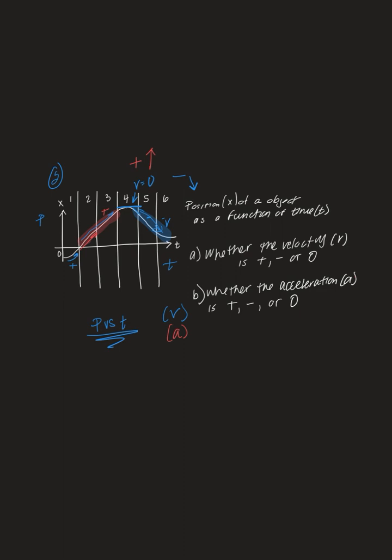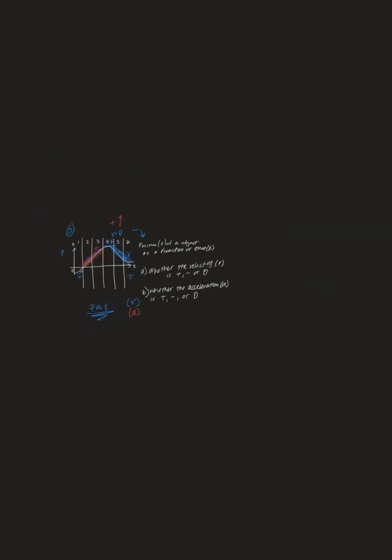If you look at a regular X and Y axis, you know that going this way is positive, going downwards is negative.